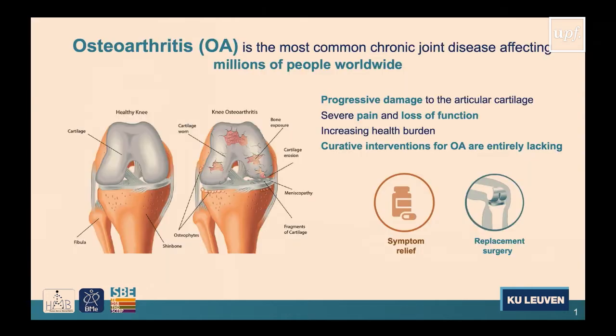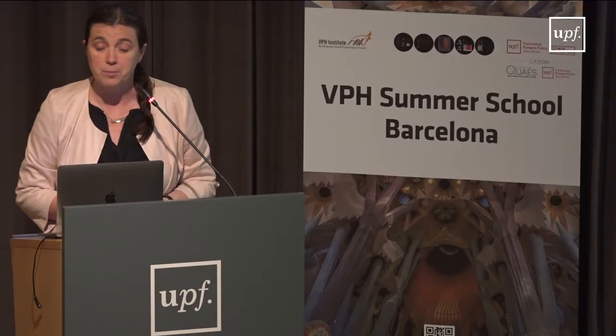So let's continue. As Rami already introduced yesterday, osteoarthritis is a very common and prevalent chronic joint disease, and millions of people worldwide are affected. It is a whole joint disease, but the damage in the cartilage is one of the hallmarks.